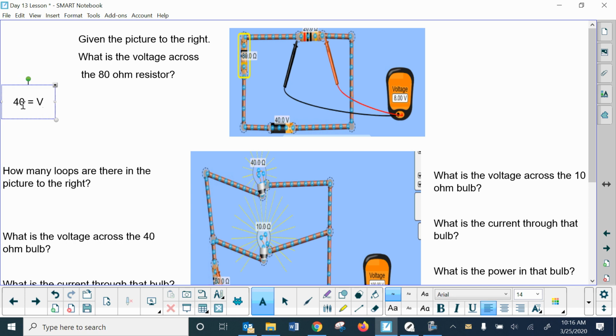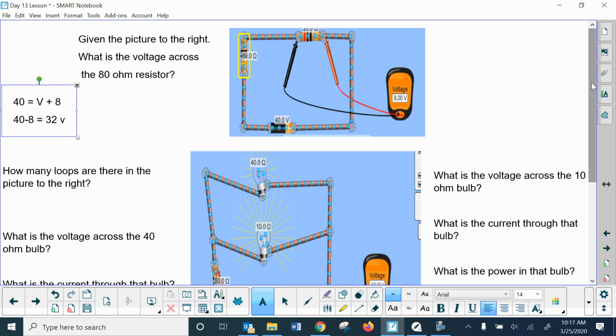We're trying to find the voltage of this 80 piece. And then we know that the other voltage drop here is 8. So if we are solving for V, you would just solve by 40 minus 8, which is 32. So 32 volts is what's used up across this piece. So 32 and 8 will get you back to 40.